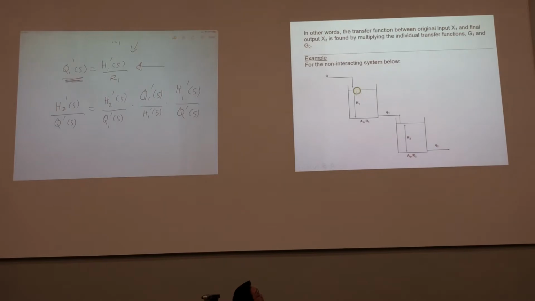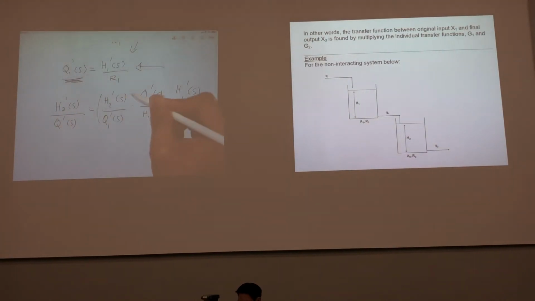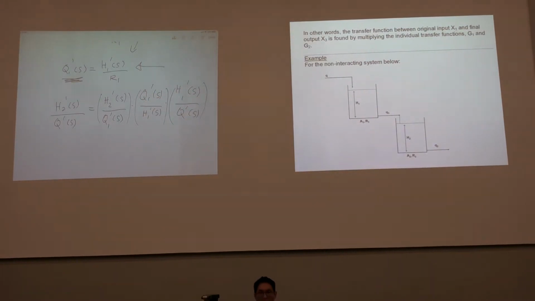It is equal to the transfer functions, the first one, which is H2 to Q1, multiplied by Q1 to H1, multiplied by H1 to Q. Can you see the link for this? I have three transfer functions here.